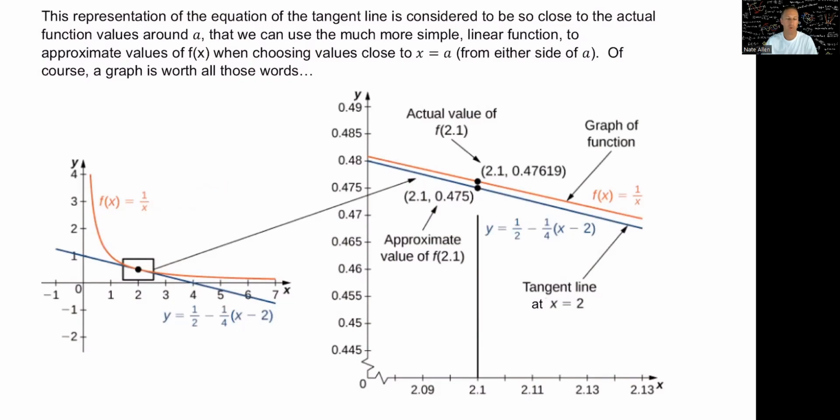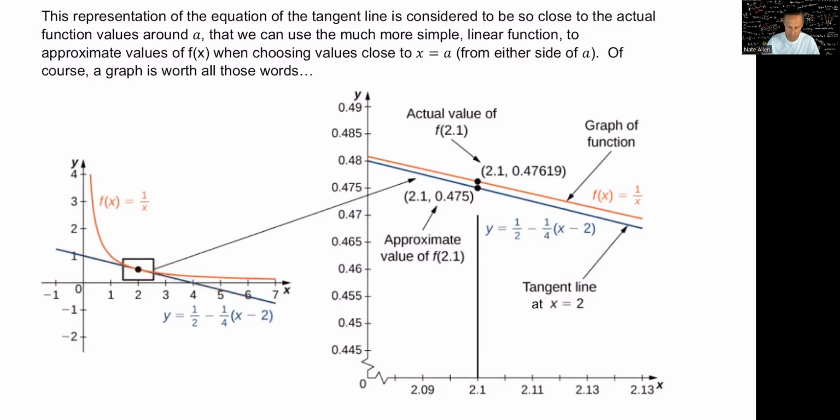So if we say at our point of 2, we could just use the a, plug that in, and we would get 1/2. Then taking the derivative, we would get negative 1/4. So this would be the equation to that line without being simplified. We call it the tangent line at that point, aka the derivative.